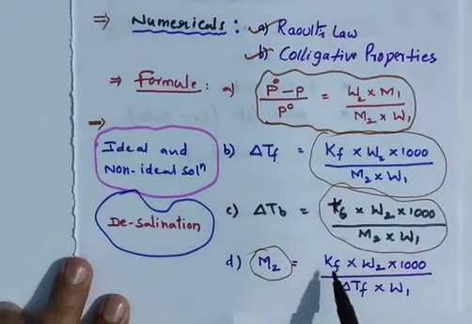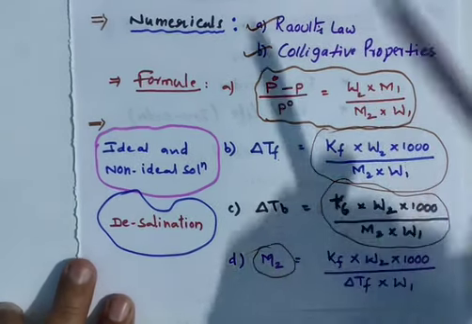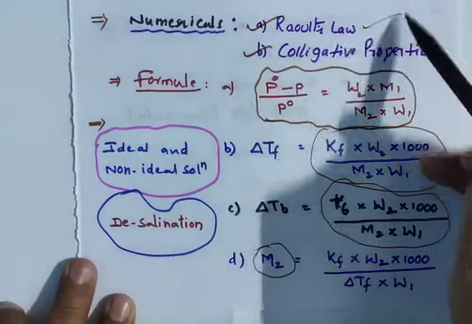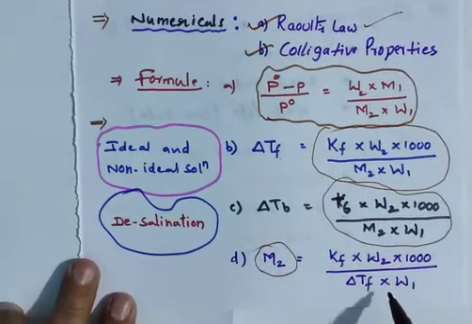For example, if Kf is given, M2 equals Kf into W2 into 1000 by delta Tf into W1. If Kb is given, then M2 equals Kb into W2 into 1000 upon delta Tb into W1. So based on Raoult's law and colligative properties, you get numericals every year.